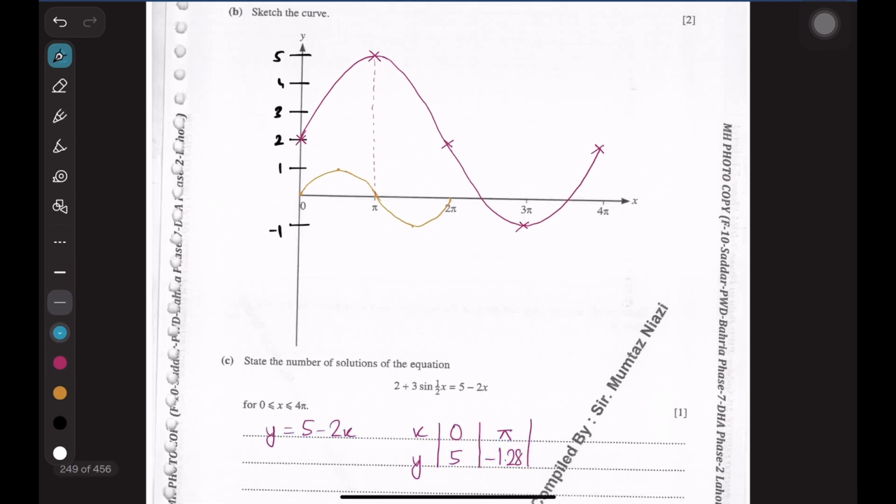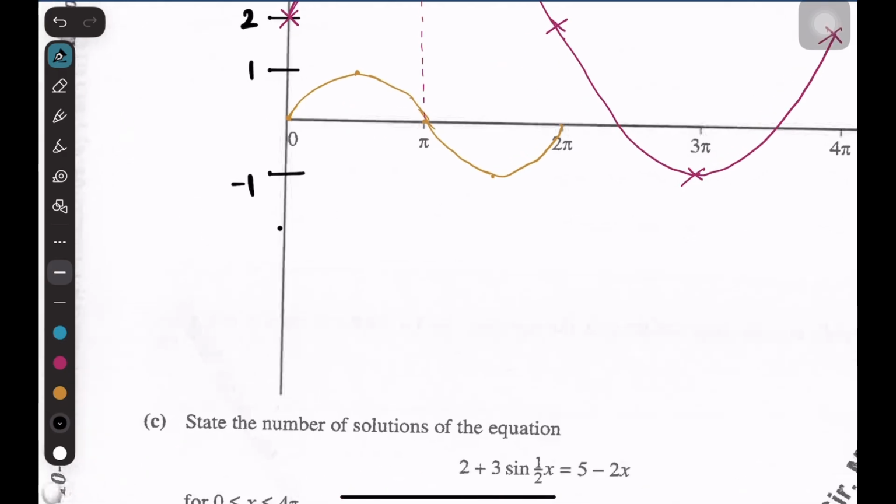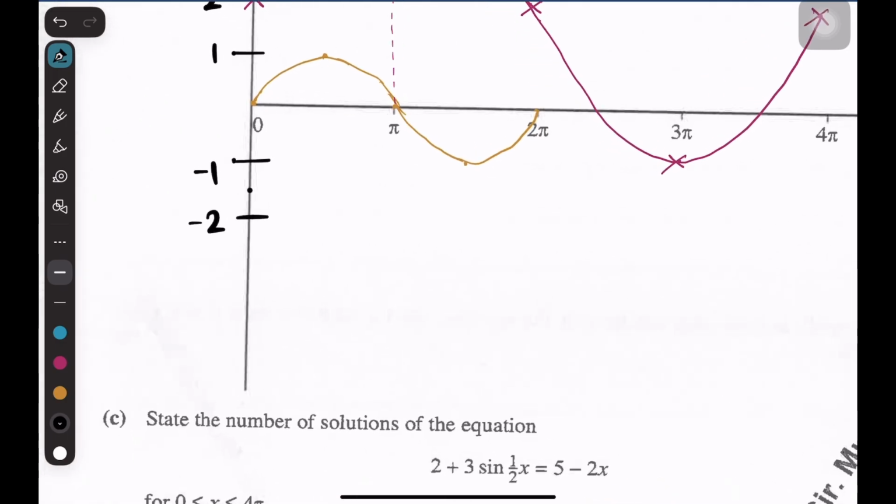Our first point is 0, 5, so that is somewhere here, and the second point is pi, negative 1.28. Let's first draw a line for negative 2. So negative 1.28 will be somewhere over here.